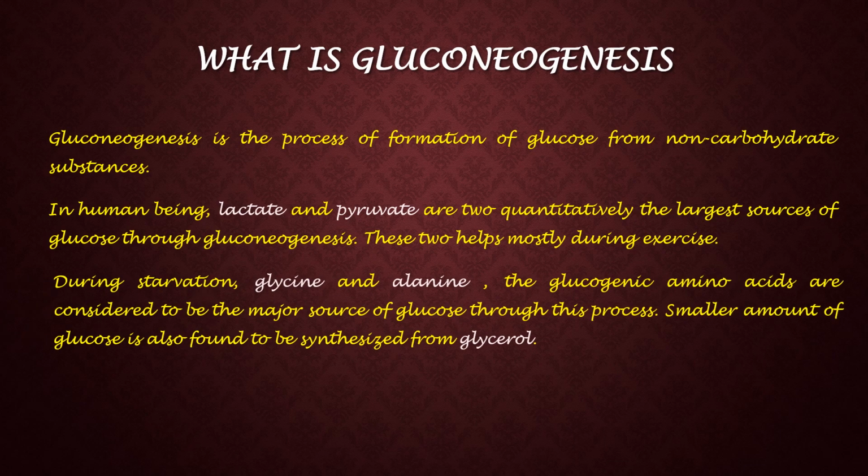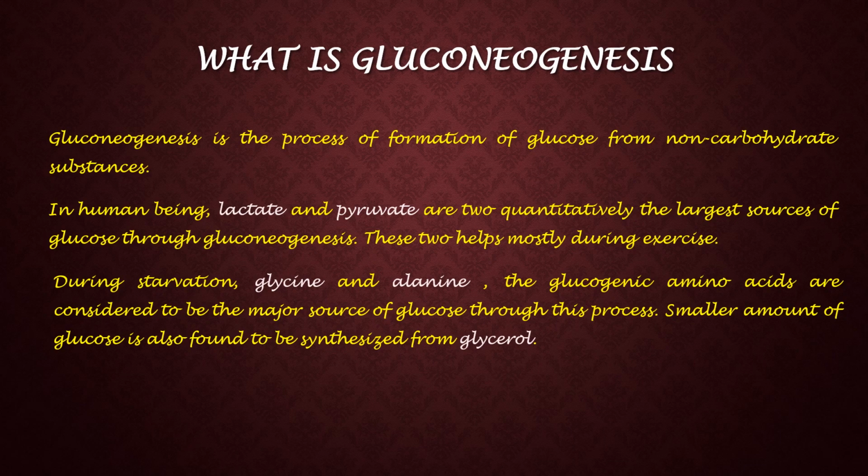During starvation, glycine and alanine, the glucogenic amino acids, are considered to be the major source of glucose through this process. A smaller amount of glucose is also synthesized from glycerol.